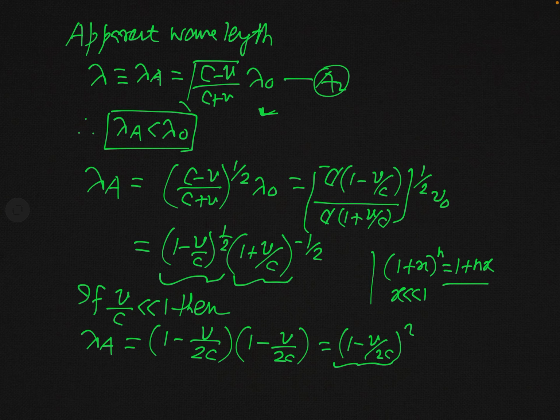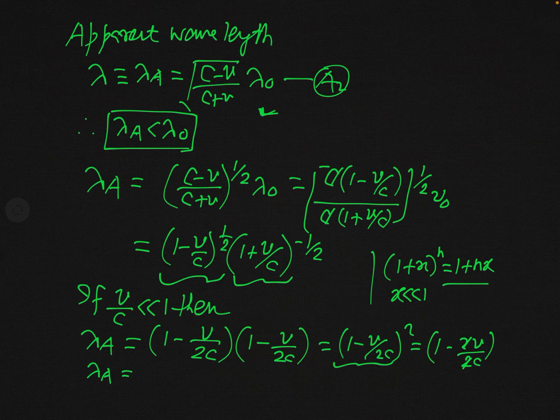Again we will expand this by binomial expansion, taking the same fact v over c much smaller than 1 into account. So you will find that this is 1 minus 2v by 2c, and here 2 and 2 will cancel out.